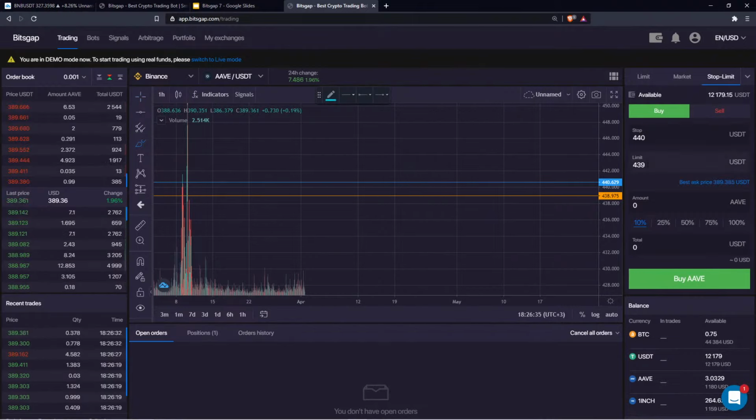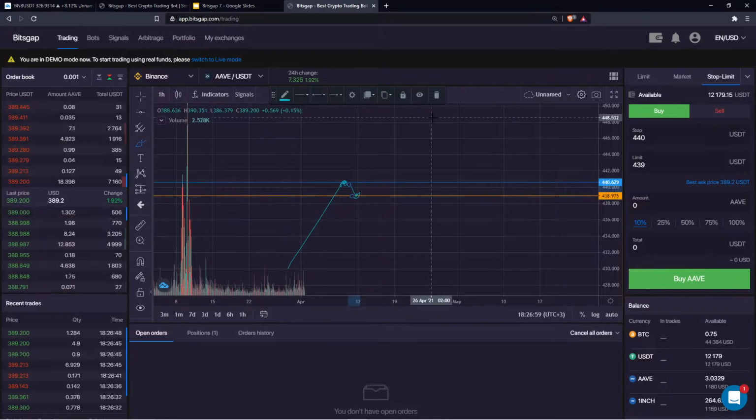Let's remove my beautiful drawings. Once the price hits the 440 stop price, it will automatically open a limit buy order at the price of 439, and only if the price falls to that price level will it trigger this limit buy order and you will enter the market with a long position.